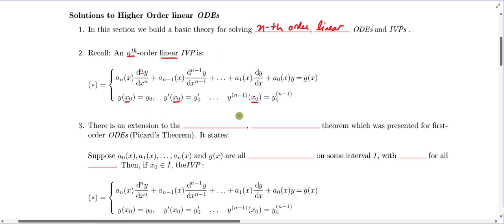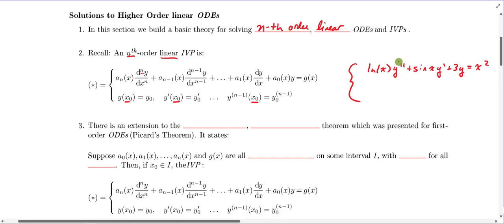This can look a little bit unwieldy, so let's give a more concrete example. We might have the natural log of x times y double prime, plus the sine of x times y prime, plus 3y is equal to x squared. In this case, this is a second order linear ODE.